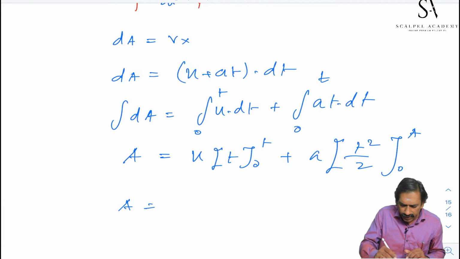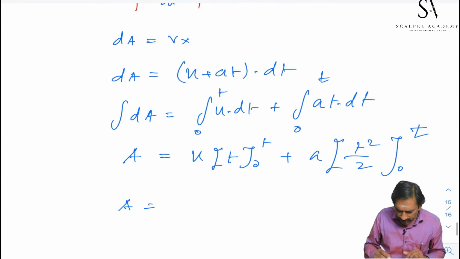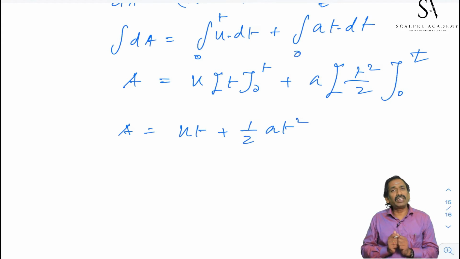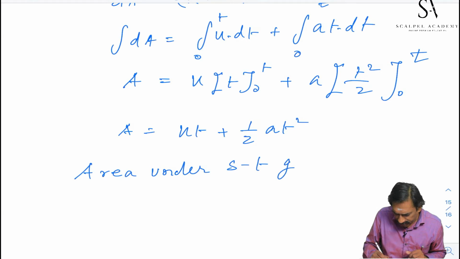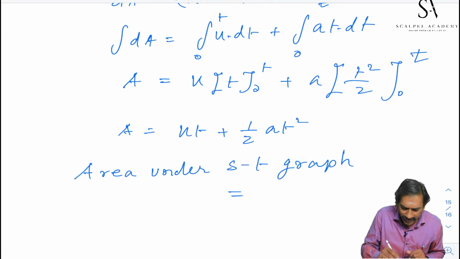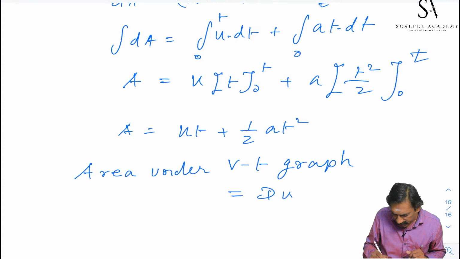Sorry, this is ut plus half at square. This is an equation of displacement. Therefore, area under the VT graph gives displacement.